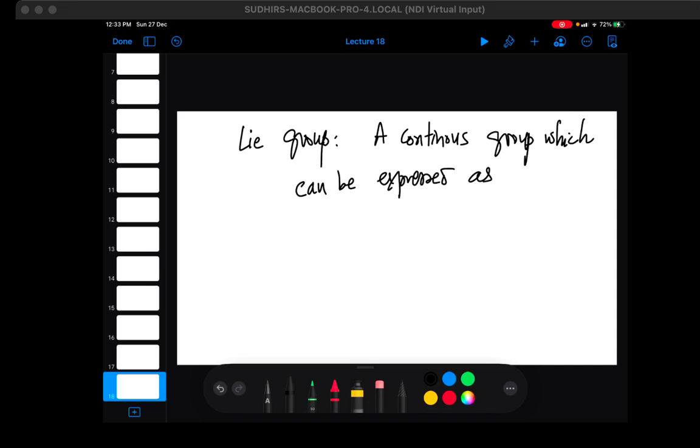So essentially the point is that it can be continuously modified from unity, which can be expressed as this one.